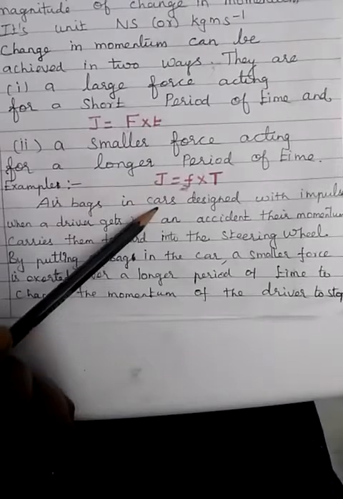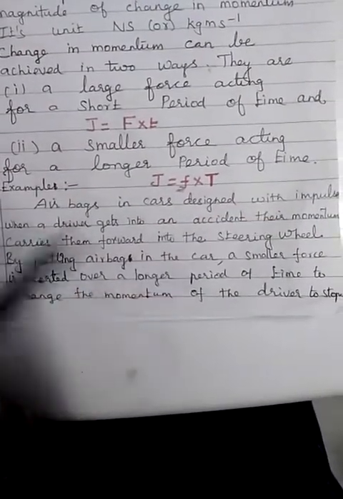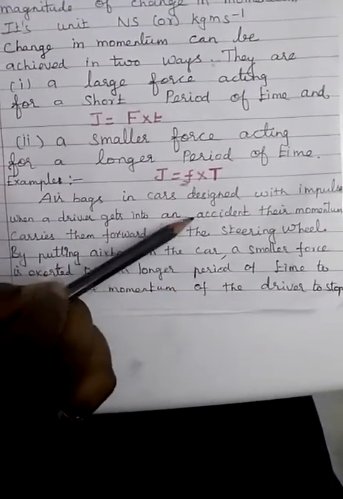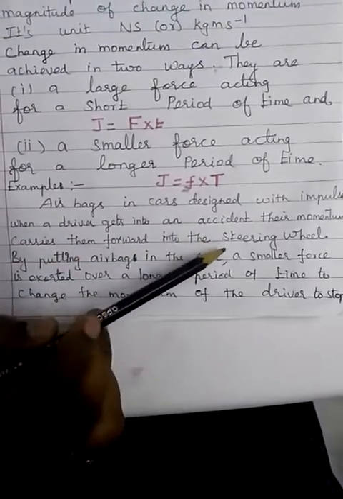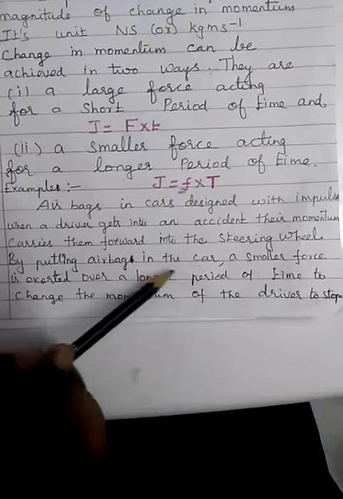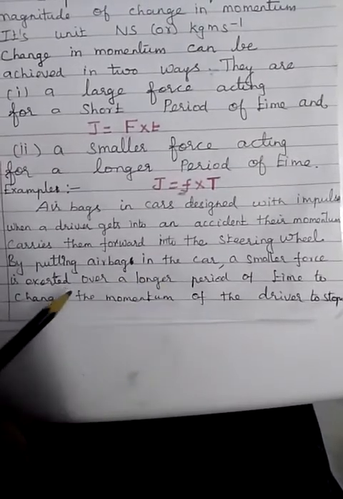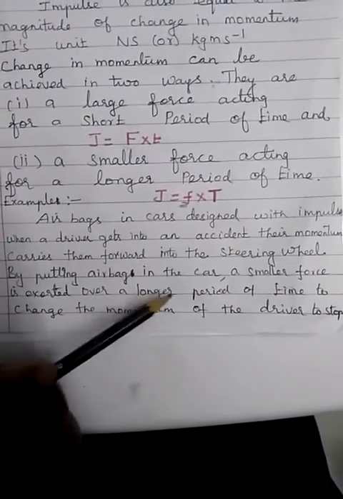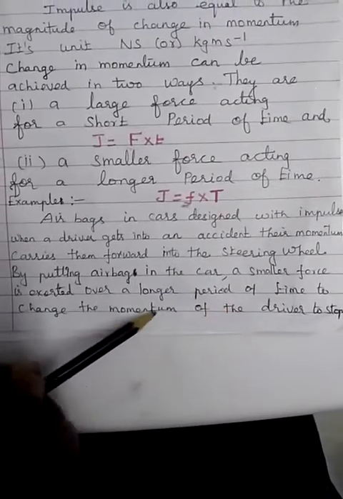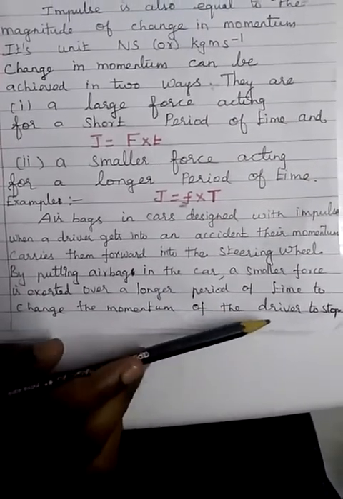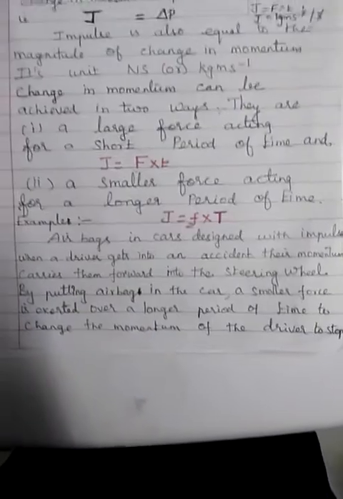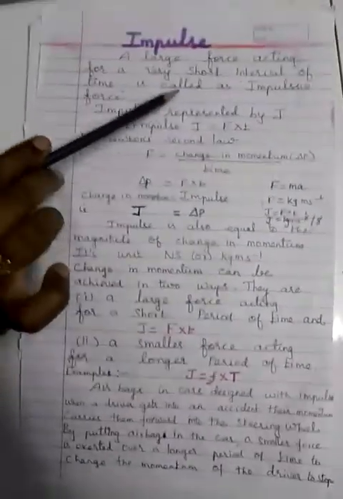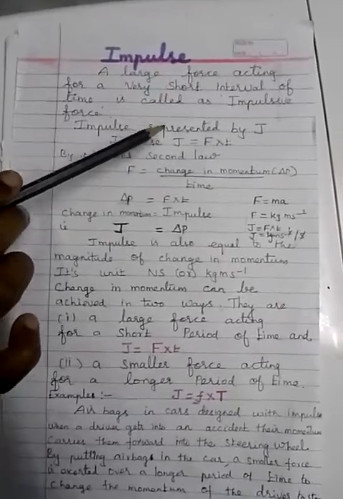Airbags in cars are designed with impulse in mind. When a driver gets into an accident, their momentum carries them forward into the steering wheel, isn't it? By putting an airbag in the car, a smaller force is exerted over a longer period of time to change the momentum of the driver to stop. Okay, this is impulse. What is impulse? A large force acting for a very short interval of time is called impulse.